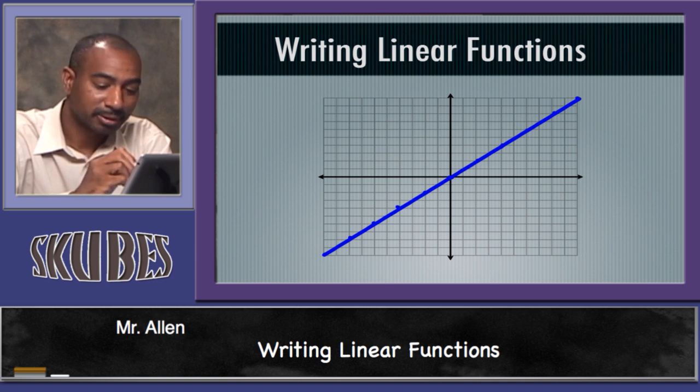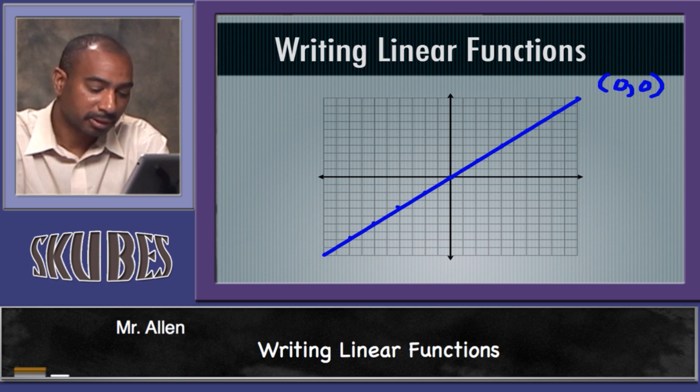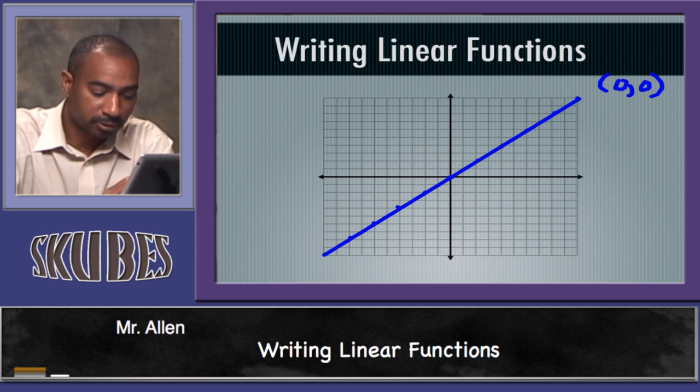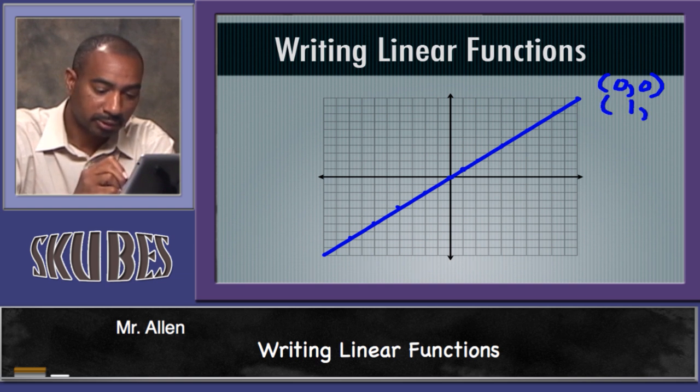And my x-intercept, really. So this is 0, 0. And you can pick any point on the line. So if I go to the right 1 and go up 1, I get the point 1, 1. So let's say I say 1 minus 0, then 1 minus 0. That just gives me a slope of 1.